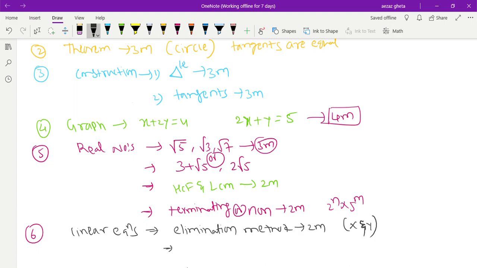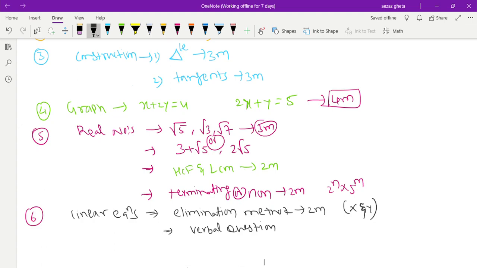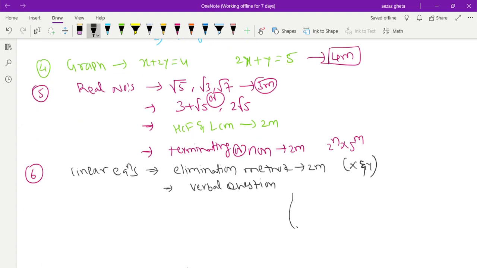And one more question will come from verbal questions. Verbal question in the sense of an age question, or a supplementary angle question. So a question based on age can come, or the supplementary angle question can come, or even the kind of question about library books, hostel charges, or taxi fare per kilometer.